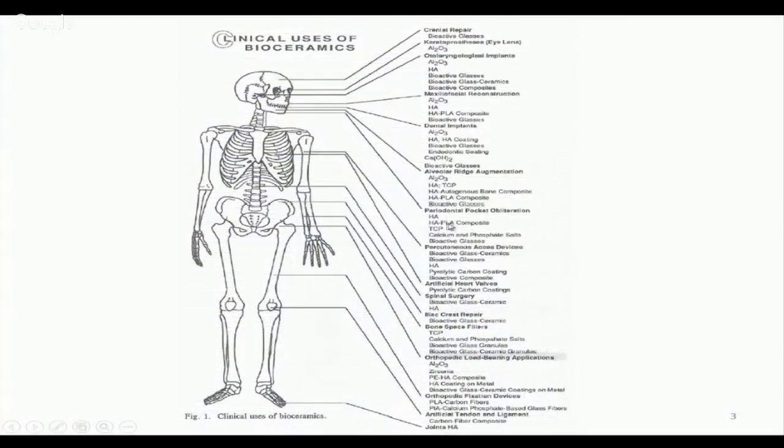So there are hydroxyapatite PLA composites, and tricalcium phosphate, TCP, that is another important material. Tricalcium phosphate has much higher resorbability than hydroxyapatite. So you can use tricalcium phosphate in combination with hydroxyapatite, or OCP, octacalcium phosphate, which also has some resorbability.